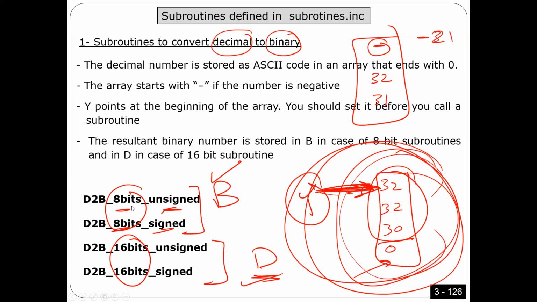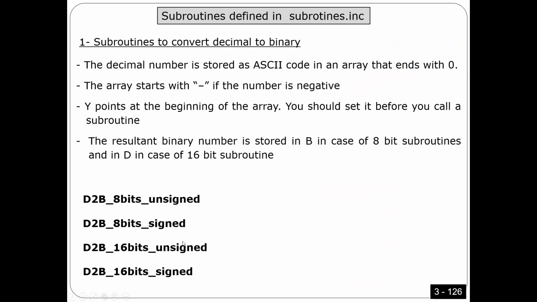We have 2 functions if your number is 8 bits and 2 functions if your number is 16 bits. For each one of them, you have signed or unsigned. It depends on whether you consider the number signed or unsigned. Is there a possibility to have negatives here, or is it just unsigned numbers? Okay, guys. So again, that's very easy.